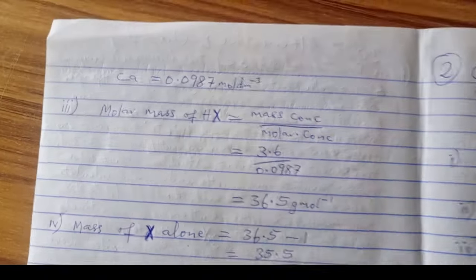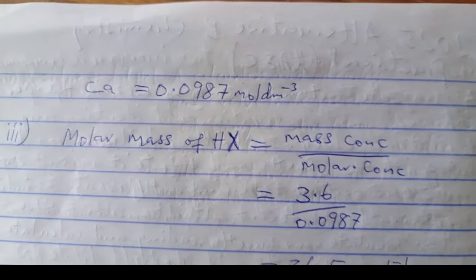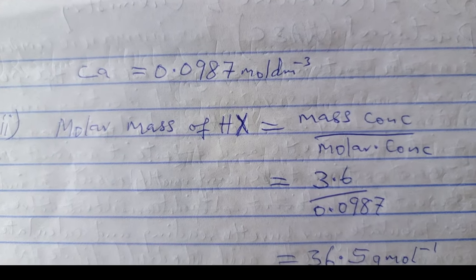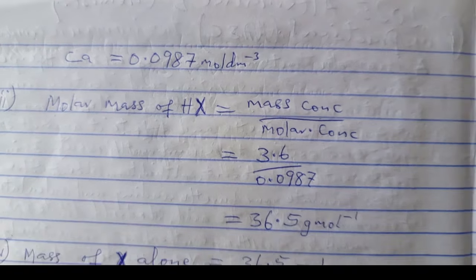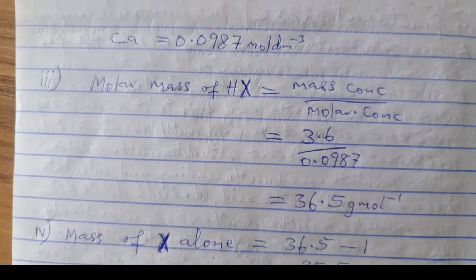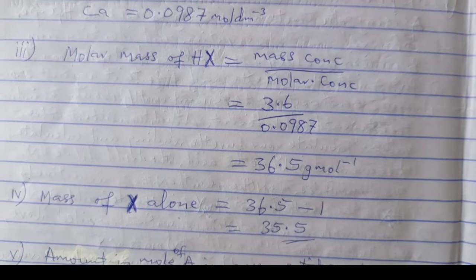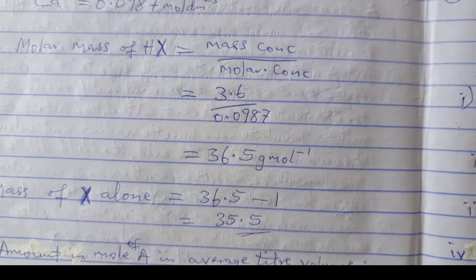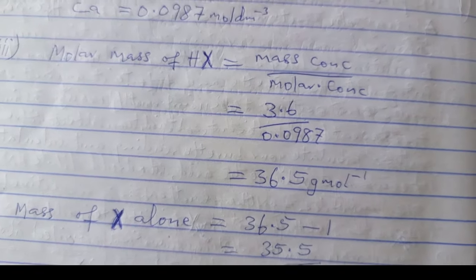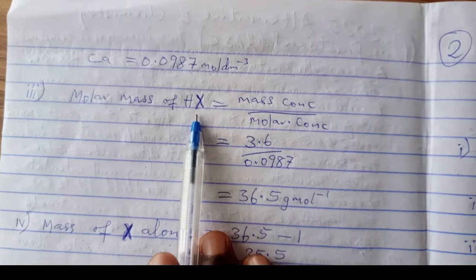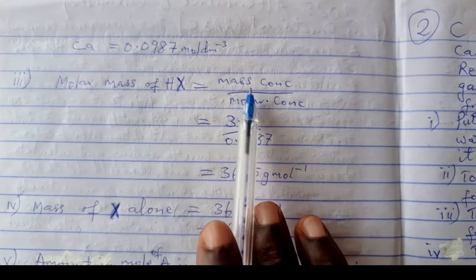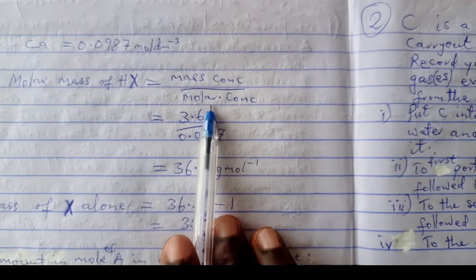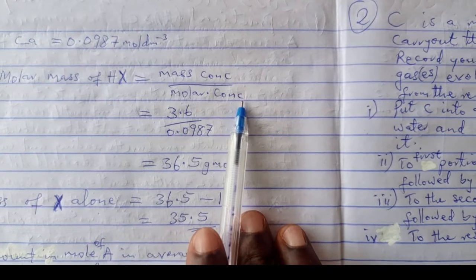Now, moving forward, your Ca is 0.0987 mole per dm cube. That's the answer to that. Now, they also ask you to calculate the molar mass of HX. The formula is mass concentration all over molar concentration.